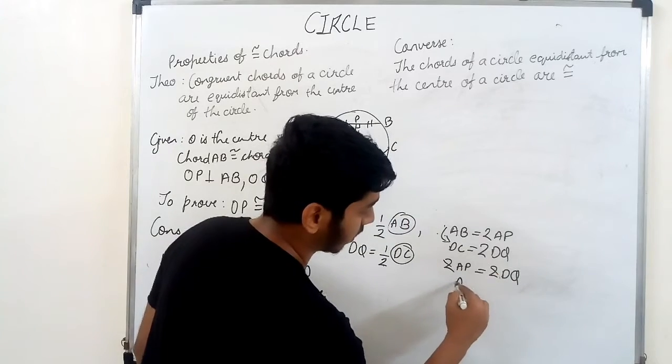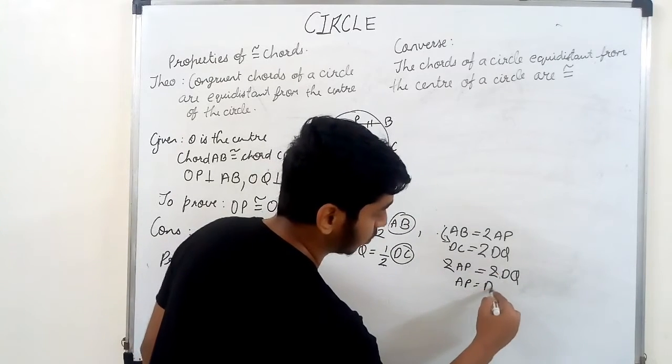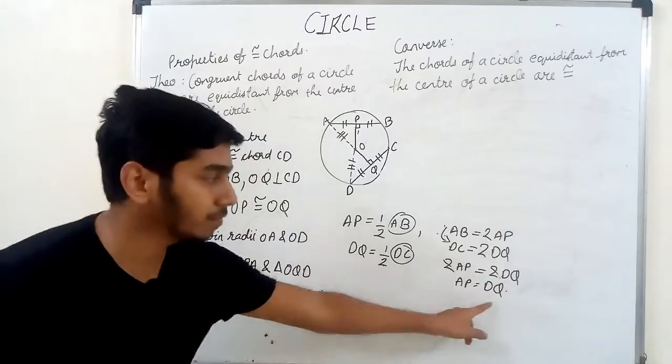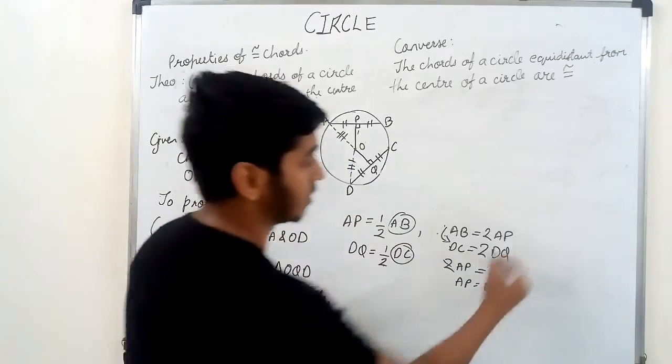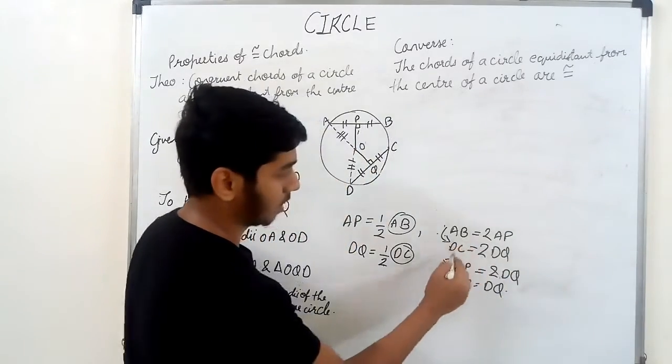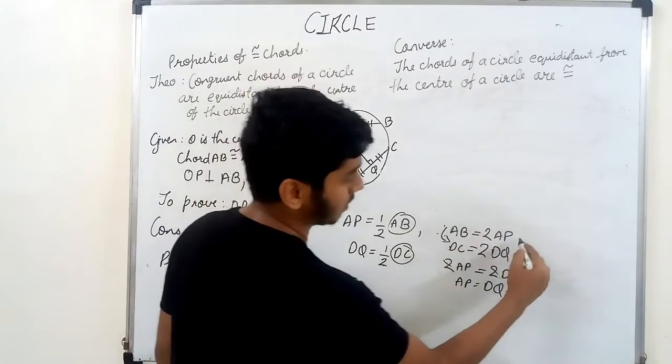The 2 cancels, and you get AP equal to DQ, correct? So this is given to us, AB is congruent to CD.